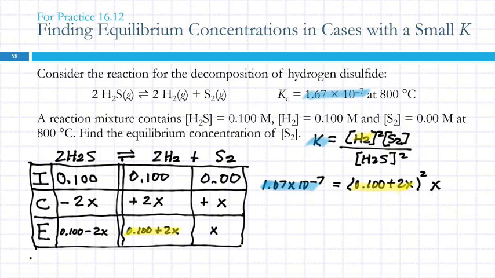S is just x. And down below we have H2S, which is this guy over here, 0.100 minus 2x, the quantity squared. Any questions?